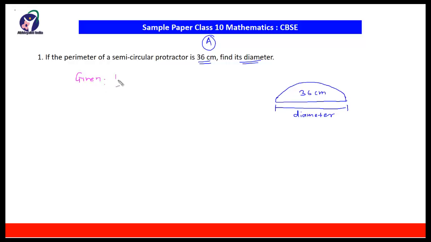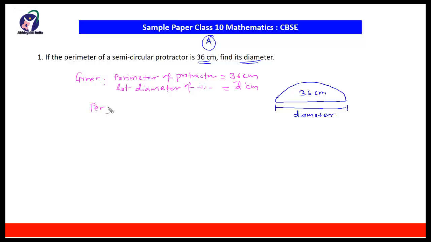The perimeter of the protractor is equal to 36 cm, and let the diameter of the protractor be D centimeter.